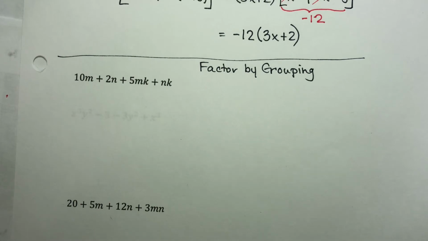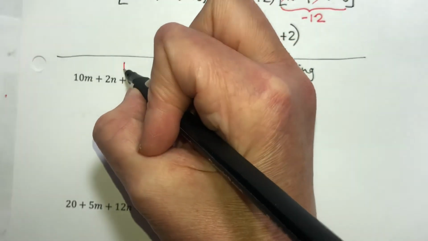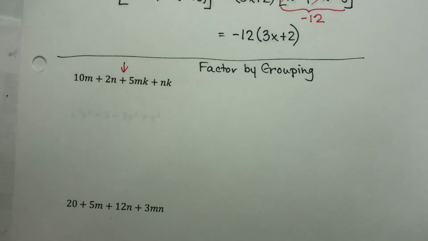Now we want to factor by grouping. There are a couple of ways to talk yourself through this. What I suggest that you do first is you get a plus sign in the middle. Now there are a couple of ways you can do this. Sometimes you can rearrange things so that that plus appears there. It might be that you need to rewrite something as plus and negative instead of a subtraction.